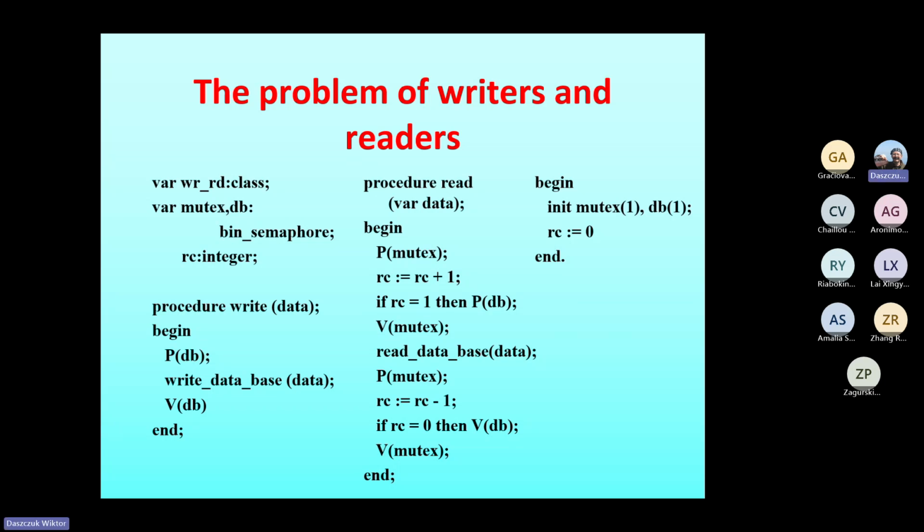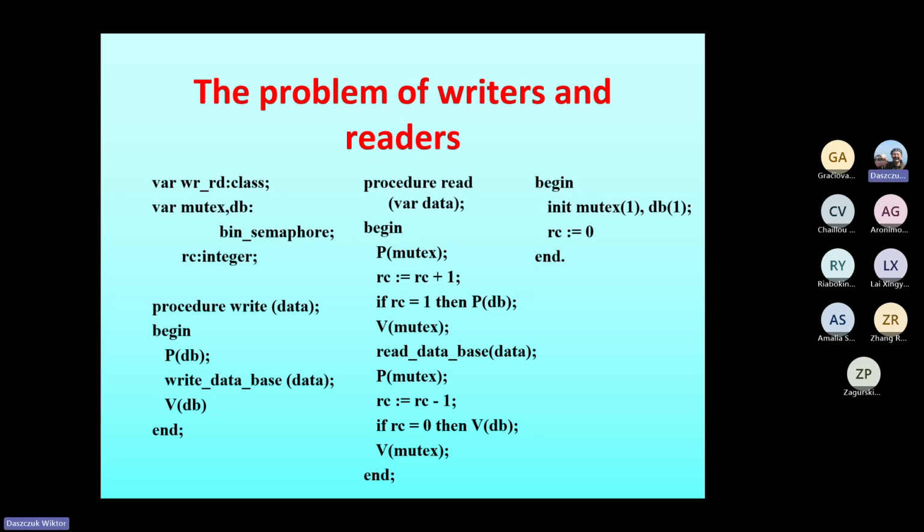The same exclusion is between writing and reading. That means when we write, we cannot read. When we read, we cannot write. It is exclusive. It is the second assumption.